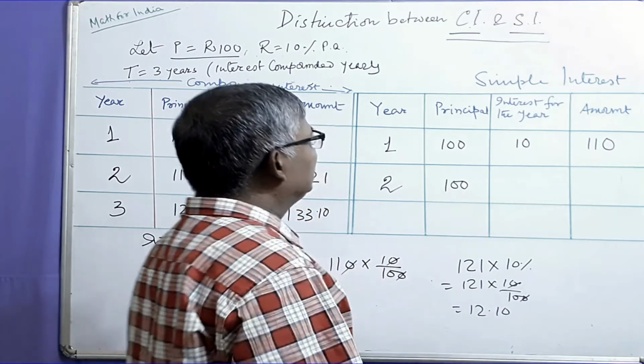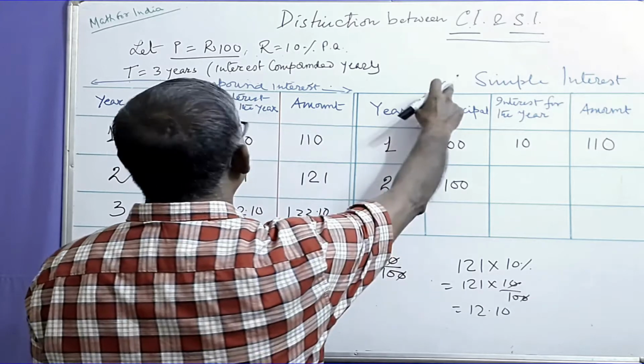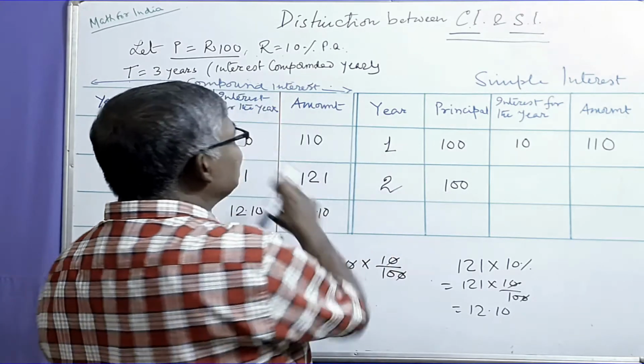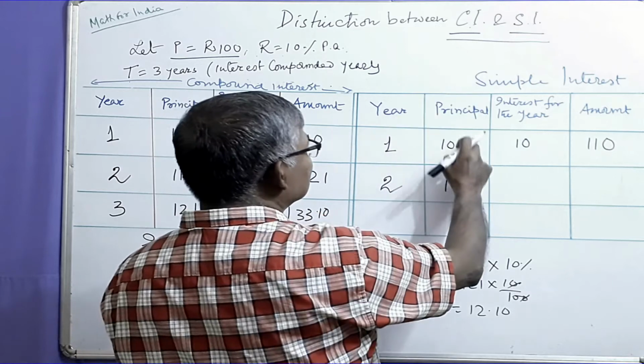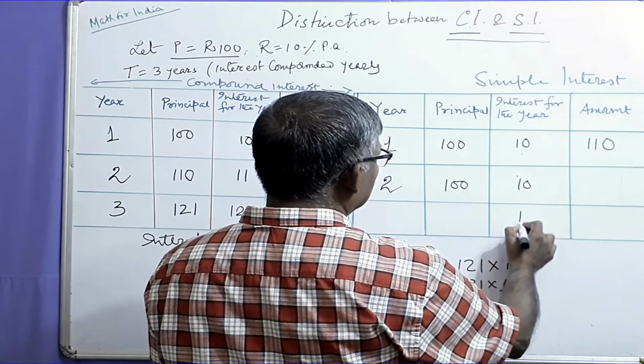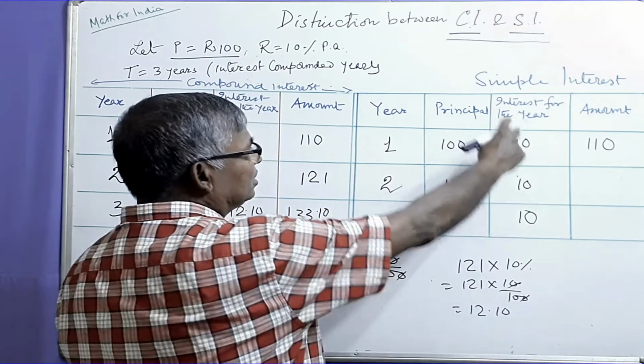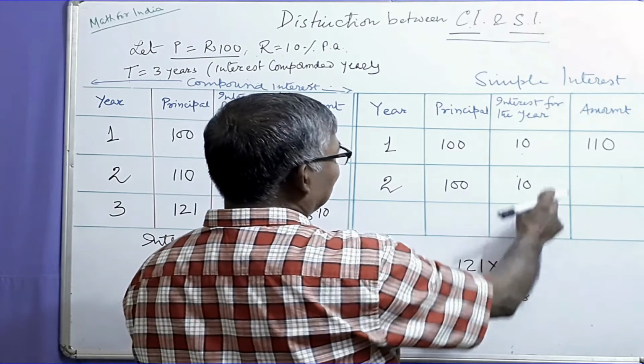Why? This is the basic difference between simple interest and compound interest. In simple interest, interest is paid at the same rate for the 3 years uniformly. No change will be there.